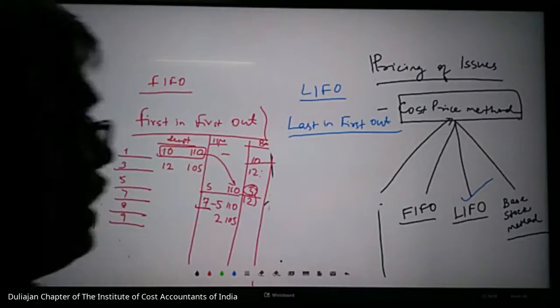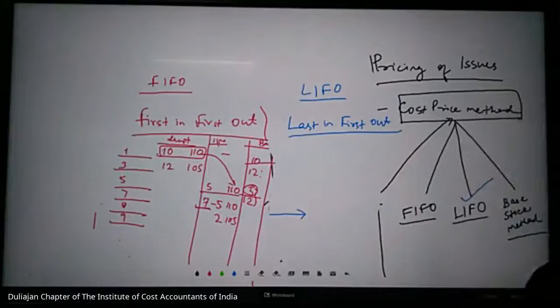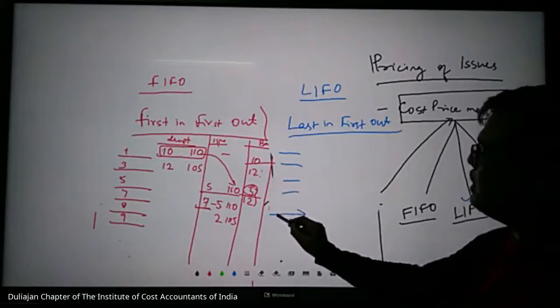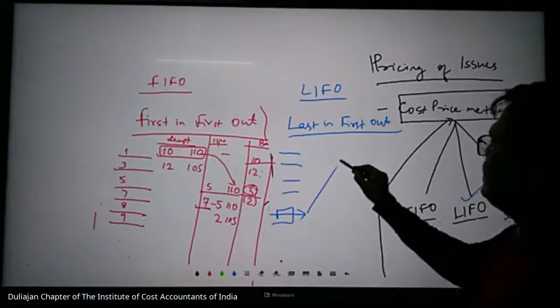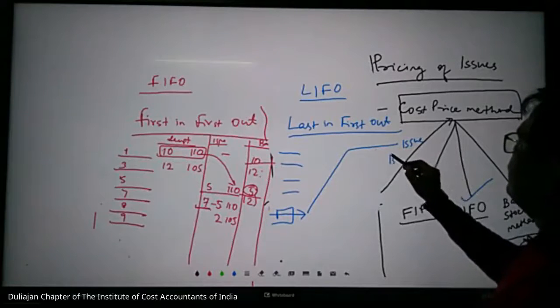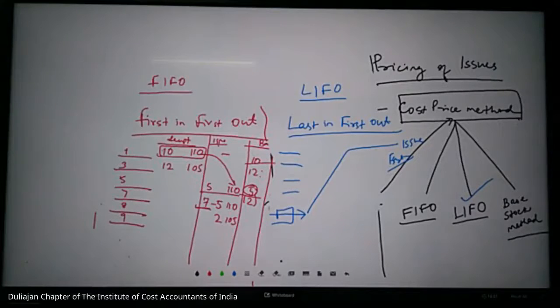I have a storage, and whatever entered last, like there are so many items. Suppose this is the latest receipt. This I am giving, issuing first. Suppose you have a kitchen, you have got different products, different types of rice.